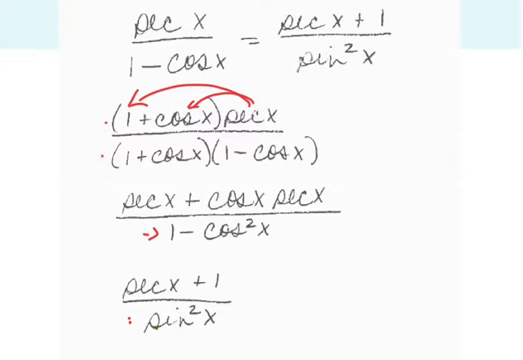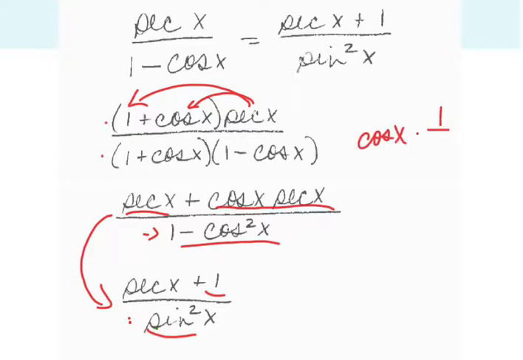I changed from here to here, 1 minus cosine squared x to sine squared x. And this stayed the same, secant of x. This part changed to 1 because cosine of x times secant of x is 1. Cosine of x and secant of x are reciprocals.